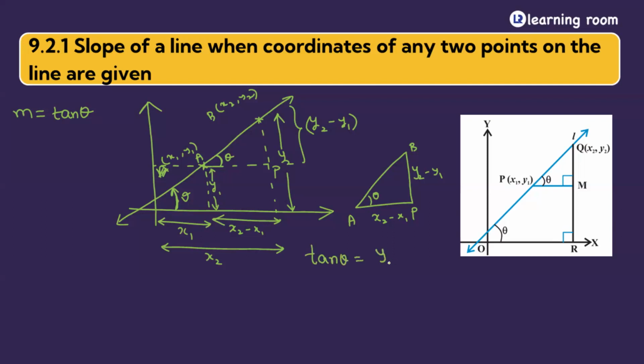Tan theta is equal to y2 minus y1 divided by x2 minus x1. But according to mathematics, what is tan theta? So did you derive the formula for m? So if 2 points are given to you, how will you find the slope of it? You will find the slope of it by taking the difference in the y coordinate to the difference in the x coordinate. Where else did we see the concept of slope?